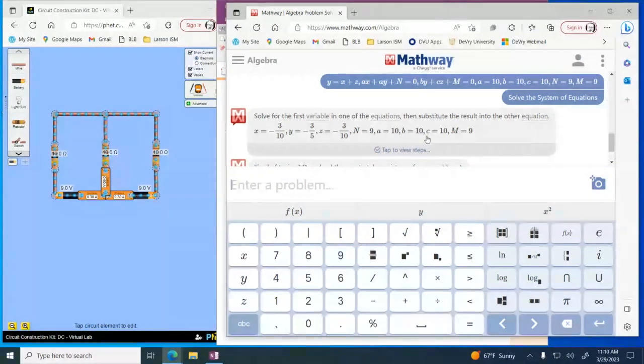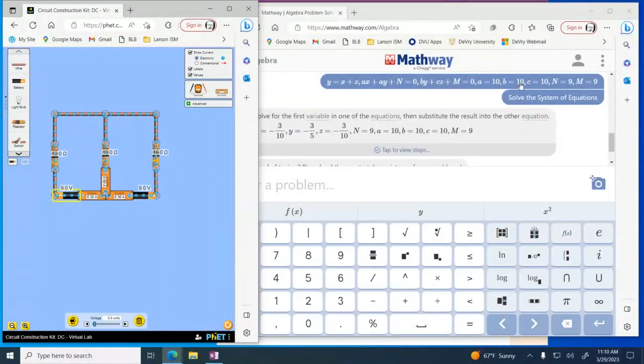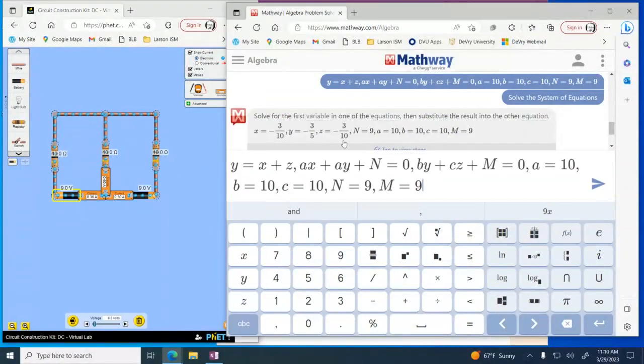So now you could come over here and change the circuit. Or you could say, what happens if A is 5, B is 7, leave that alone, and let's make the right battery 12.